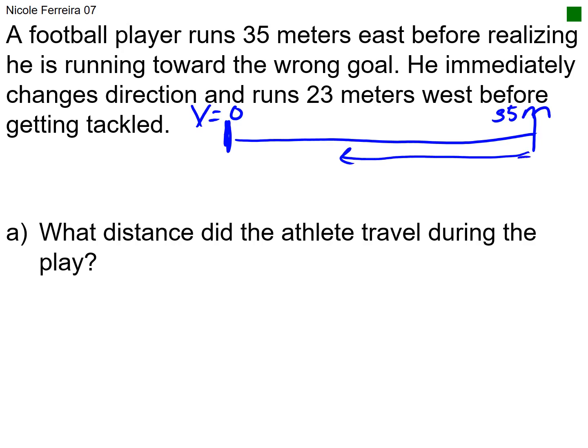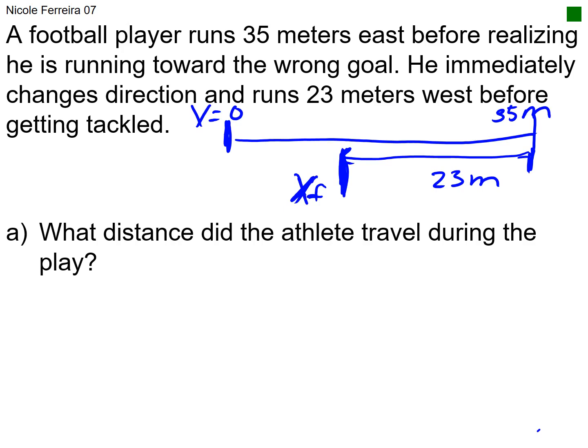So from here to here is 23 meters. So here he gets tackled. So this position right here is our final position. That's where the play is going to stop, right here at this xf.